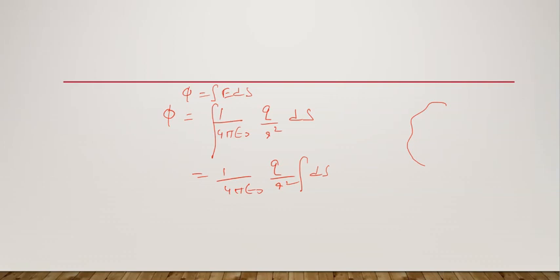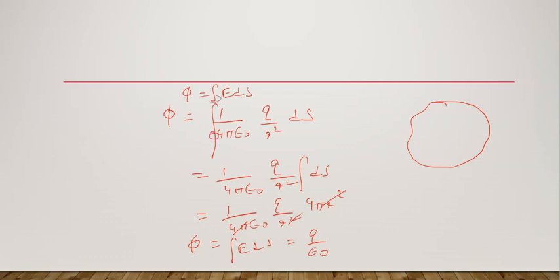Suppose the Gaussian surface is a sphere, so the integral of ds is the area of the sphere, 4 pi r square. So 4 pi r square cancels out, and flux equals q by epsilon naught.